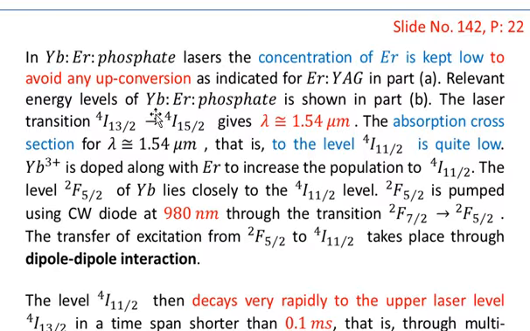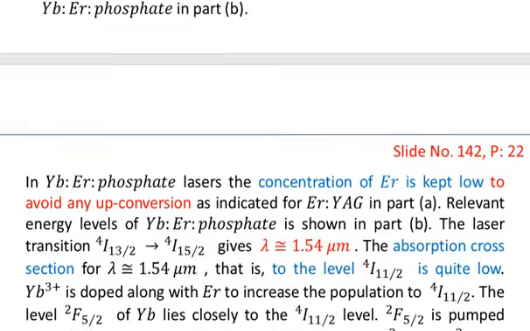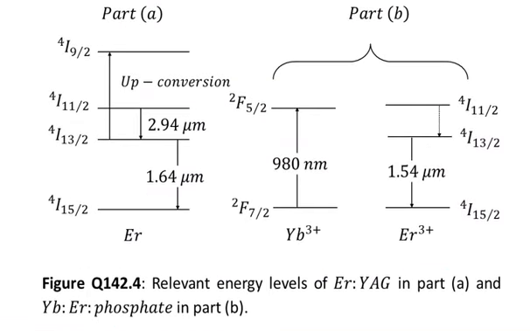Relevant energy levels of the erbium phosphate are shown in part B. The laser transition from 4I13/2 to 4I15/2 gives lambda equal to 1.54 micron. You can see this transition which occurs in the erbium, that is 4I13/2 to 4I15/2, is done at 1.54 micron.